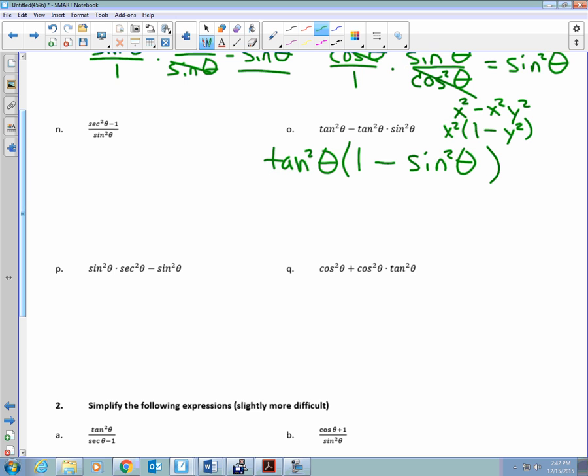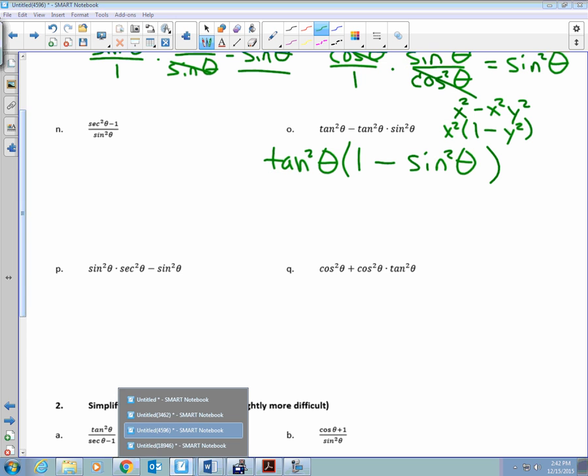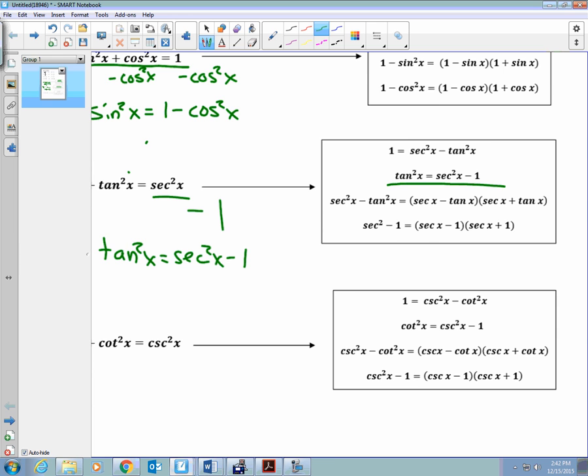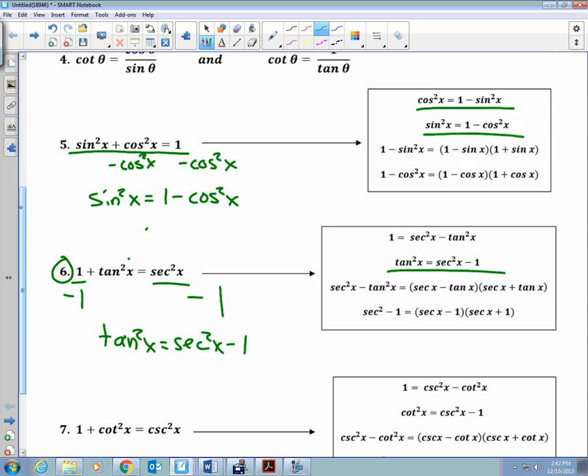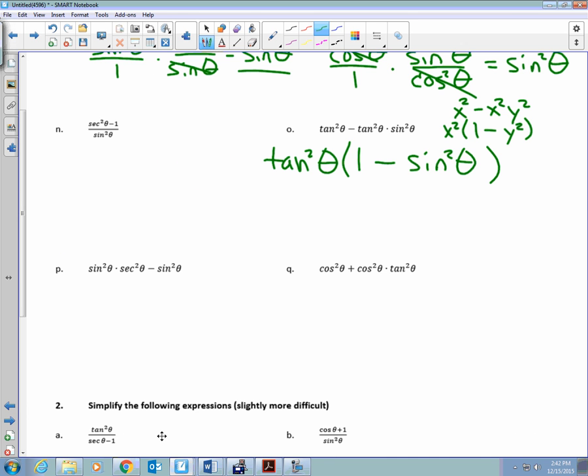Okay, I factored it out, and now I can see I have a 1 minus sine squared. If we have a 1 and a squared, there's a good chance we can plug something in. What on your sheet does it say you can plug in for 1 minus sine squared? Cosine squared right here. 1 minus sine squared is cosine squared.